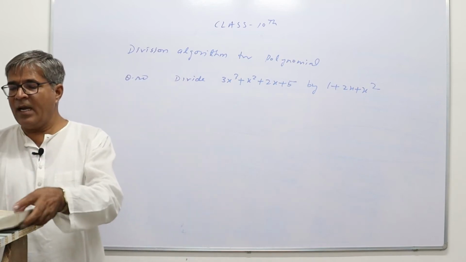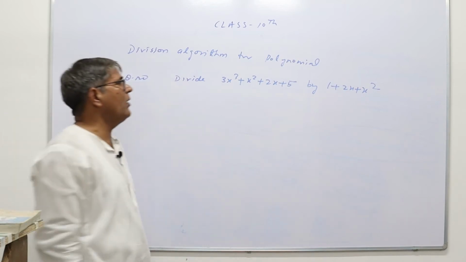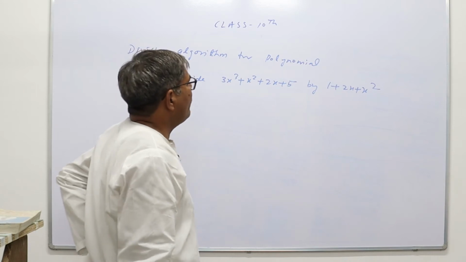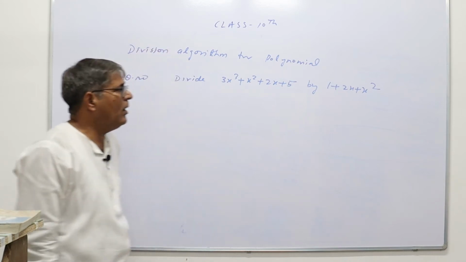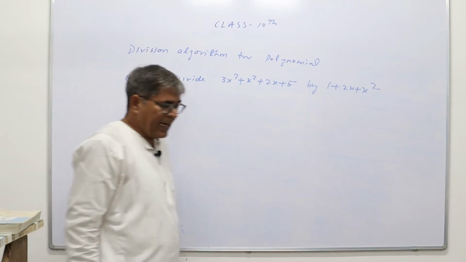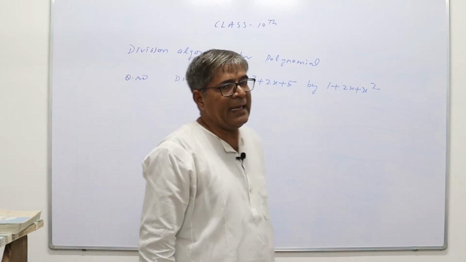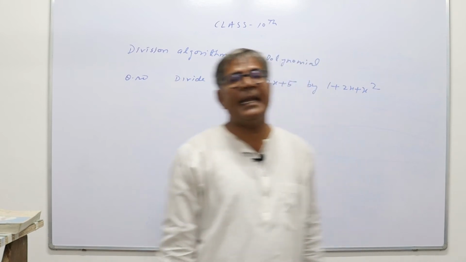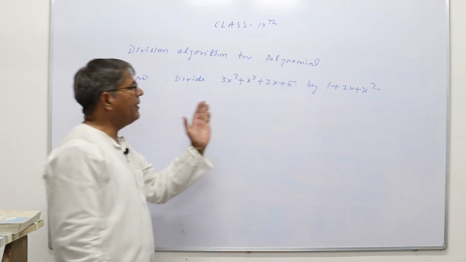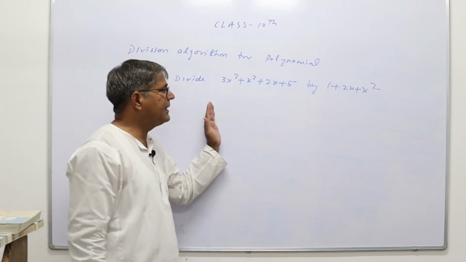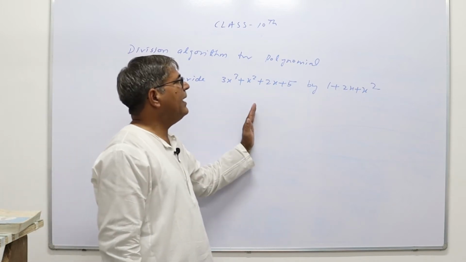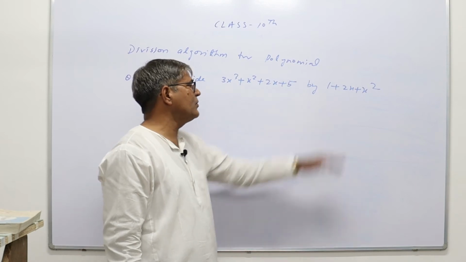Whenever we are given two polynomials and we have to divide one by the other, first of all we will write the given polynomials in decreasing order of their degrees. The highest degree term we will write first, then lower than that, then lower than that, and so on.